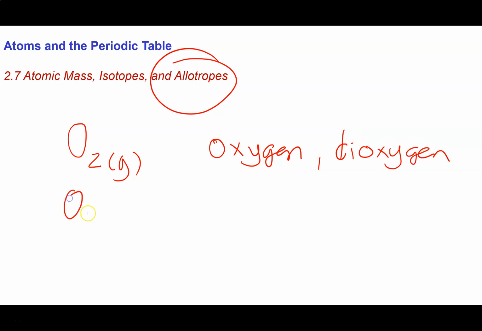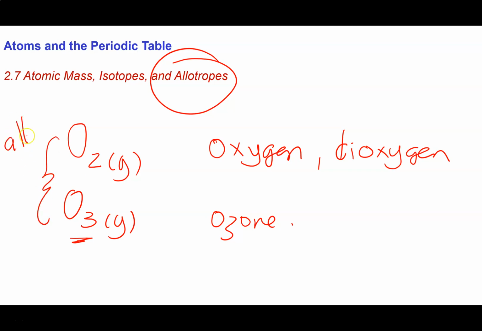However, you've probably heard about ozone. And ozone is a form of oxygen that is not the most dominant elemental form. It's found at the top of our atmosphere, and it's comprised of 3 oxygen atoms bound together. So O2 and O3 are examples of allotropes. They are different forms of the same element.